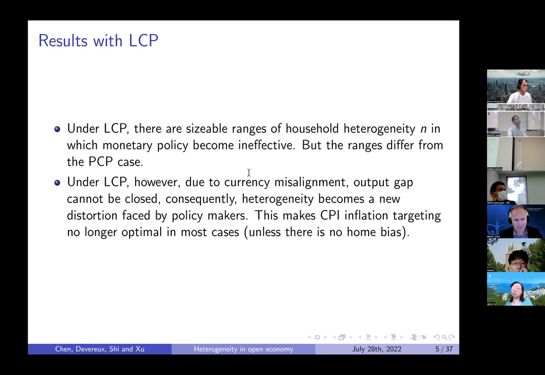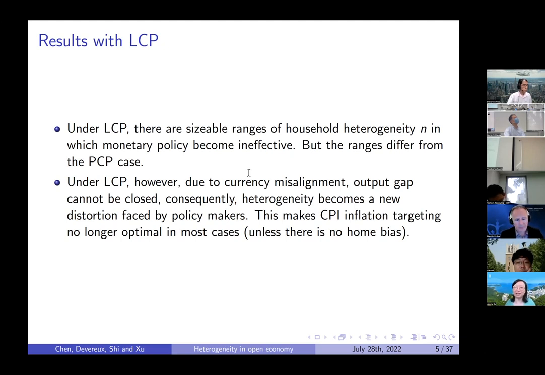How about the result with local currency pricing? We know that in that case PPP does not hold, and there will be deviation from the law of one price. Again, regarding this monetary trap and spillover, we find that there's still a sizable range of household heterogeneity in which monetary policy becomes ineffective. But this range is going to be different from the PCP case.